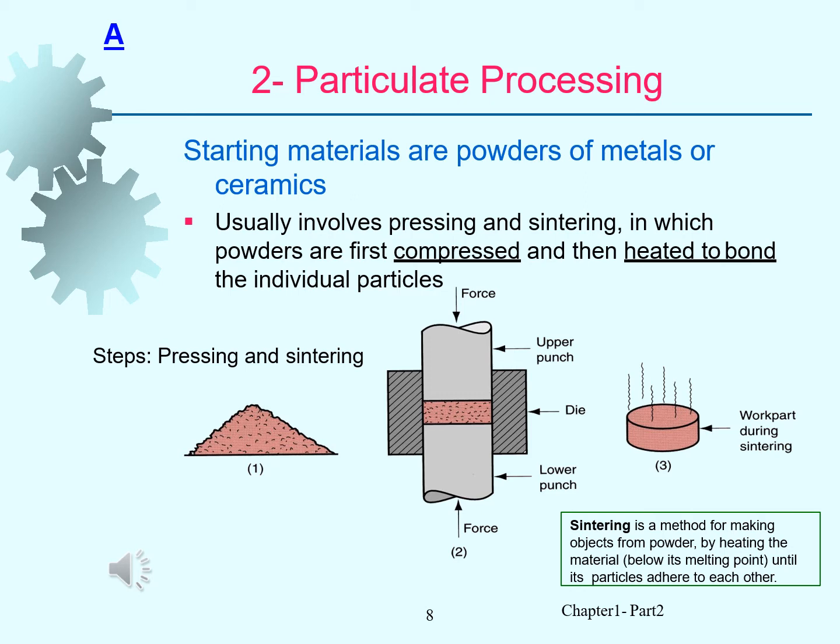Not as strong usually as alloys and metal that's turned, but for the right place, this thing's pretty good. Sintering is a method for making objects from powder, heating the material until particles adhere to each other. That's sintering.